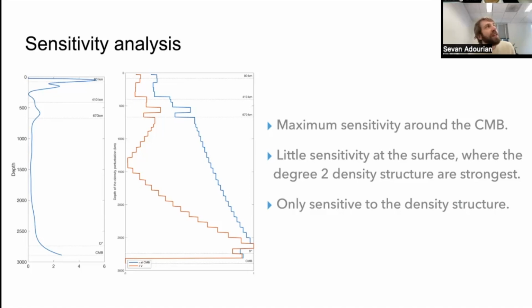So we won't be really sensitive to the temperature, or to what can affect the seismic waves, and that leads to the fact that we cannot discriminate between the temperature and the compositional aspects of it.